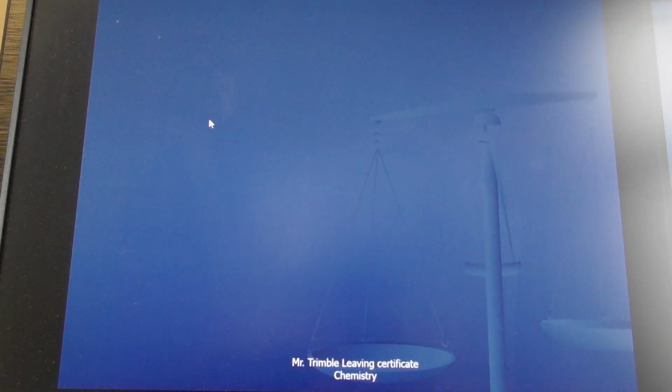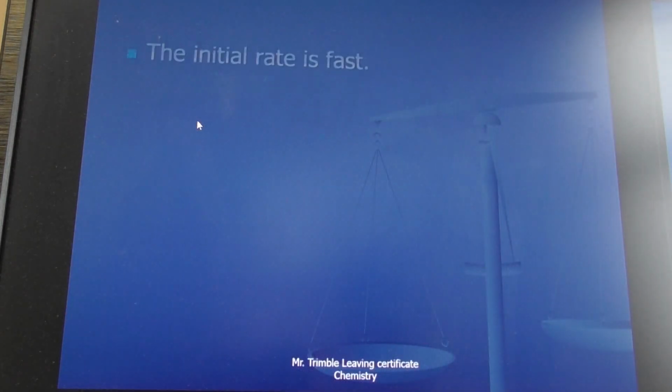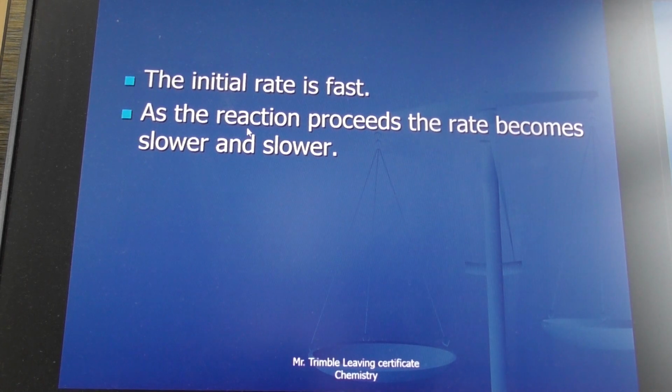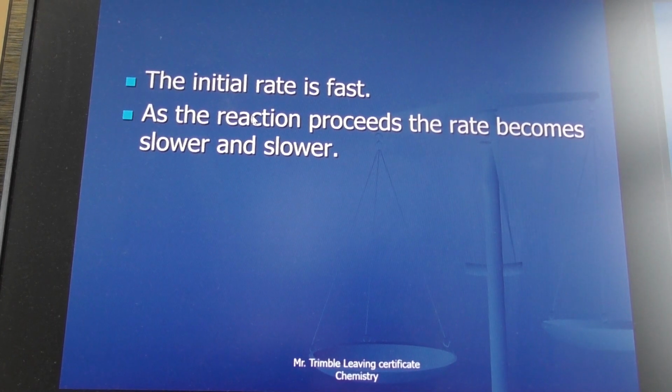The concentration of reactants, a nice way to explain this is that, if you like, at the start of any reaction you have the maximum amount of each reactant. Considering you're putting two things into a conical flask, let's say, you have to think that the maximum amount of both reactants, or whatever number of reactants are there, therefore there's going to be a maximum amount of collisions.